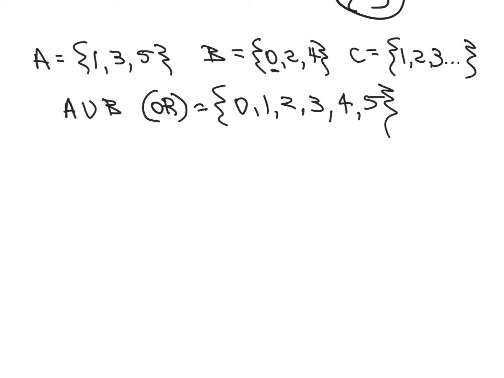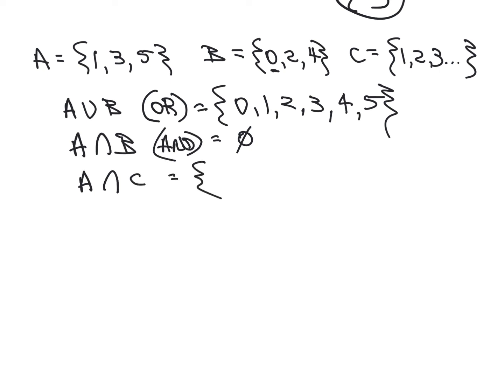Now, if I was asking for A intersects B, I'm asking for AND. What numbers are both in A and B? Nothing is in both A and B, so the answer to that is the null set or the empty set. If I were to ask you what is the intersection of A and C, I'm going to look at my set A and I'm going to look at my set C and find out what's common to both of these.